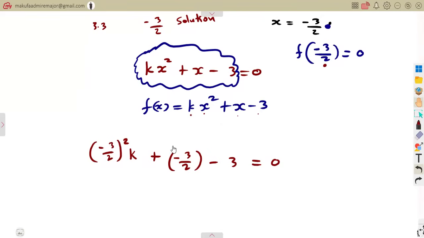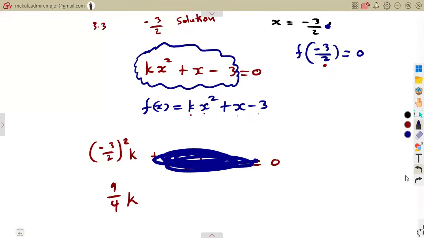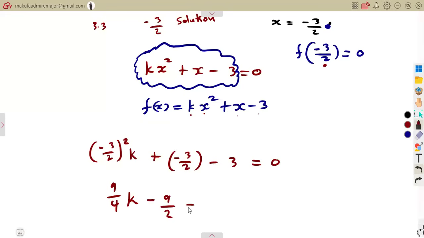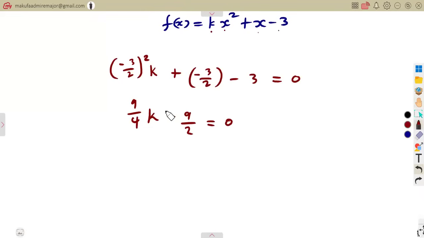Minus 3 over 2 squared, that was going to be something like 9 over 4. So you've got 9 over 4k. Okay, then you can even combine these guys just like previously. Just combine these. Those are just normal numbers on your calculator. Minus 9 over 2 is equal to 0. So you can even solve for k, transpose this to the other side, it becomes a positive. So that means 9 over 4k is equal to 9 over 2.